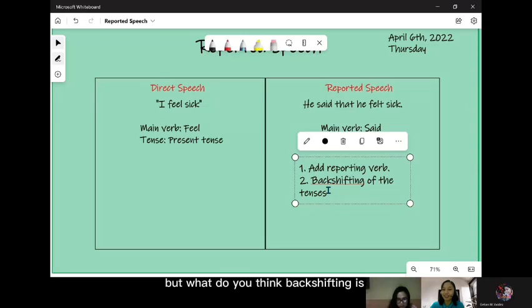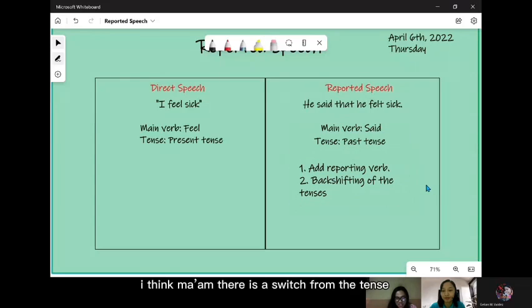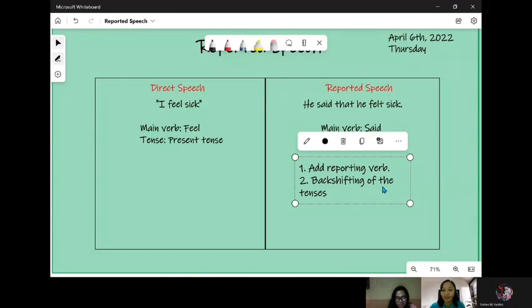But what do you think backshifting is? Lois, do you have any idea? I think, ma'am, there is a switch from the tenses. Yeah, what kind of switching? From the present tense to past tense. Yes, so when you are backshifting, you are going back in time, right?